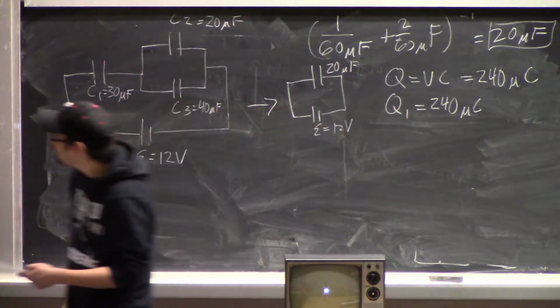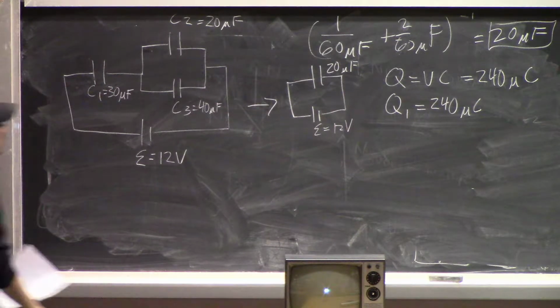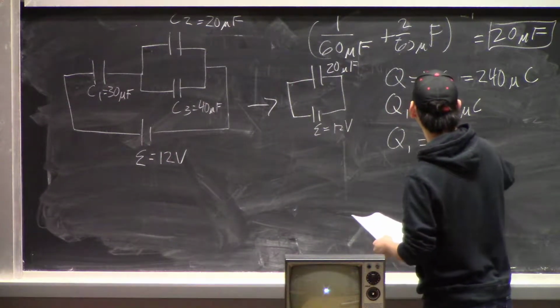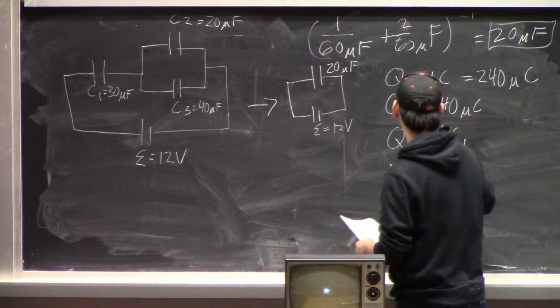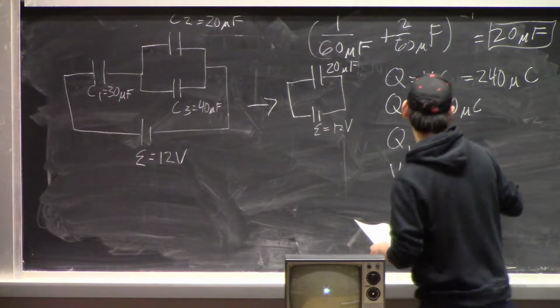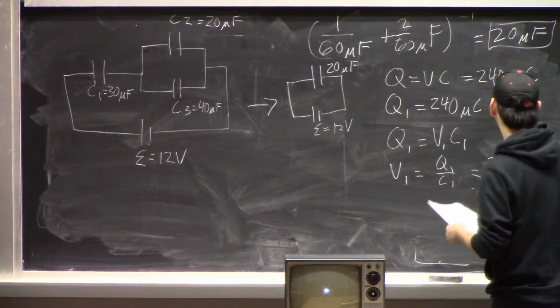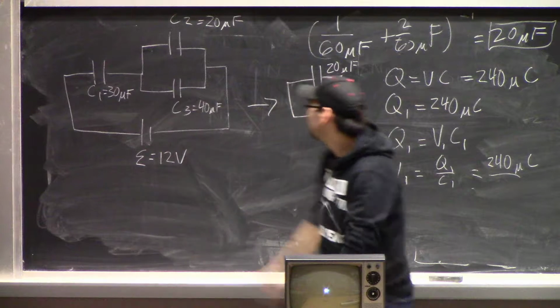Then the next thing we ask is to find the voltage across C1. In order to do that, Q1 is equal to V1 C1, and then V1 is going to be equal to Q1 divided by C1, which is 240 microcoulombs divided by the capacitance of C1.